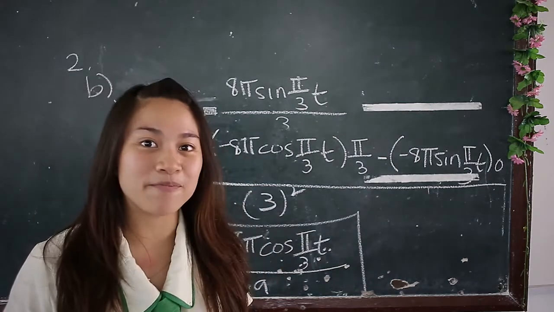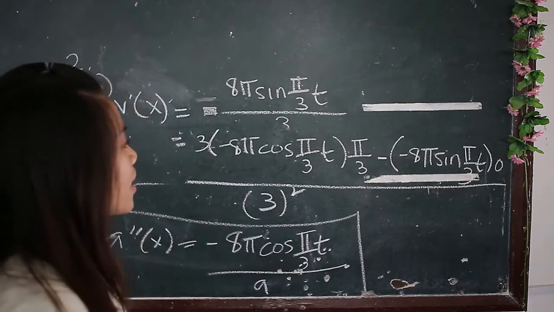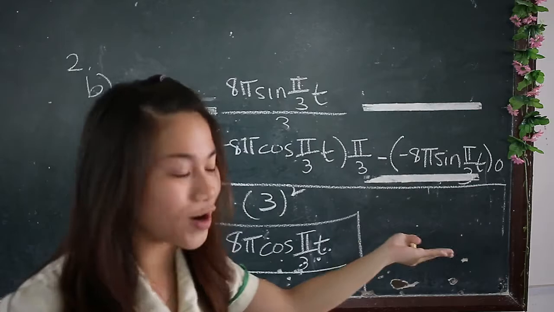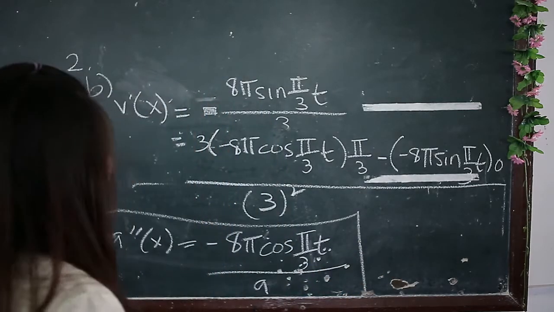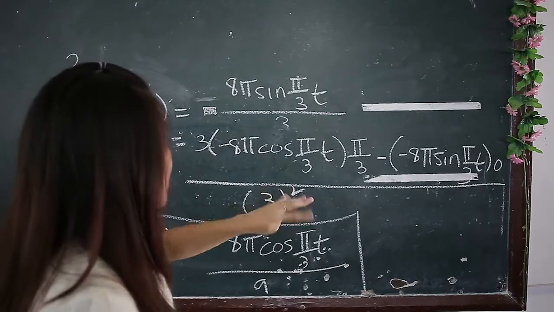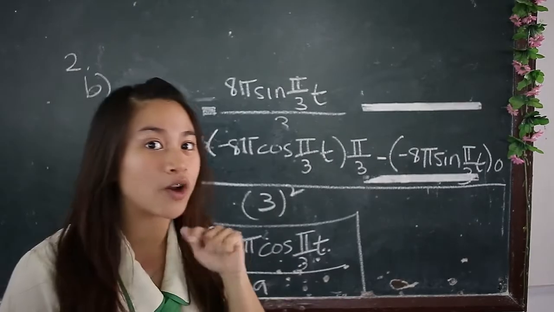Okay, so the next step is we are going to simplify this. As you can see, this side is multiplied by 0, so it becomes 0. So no need to copy because there's nothing to copy. And we are going to remember pi thirds times 3 only becomes pi.